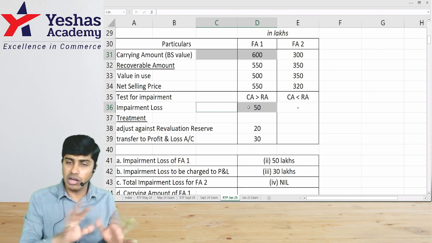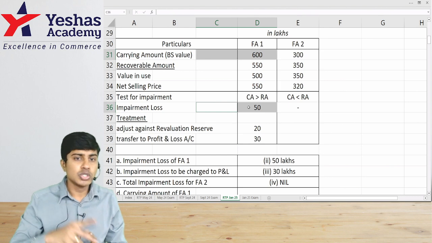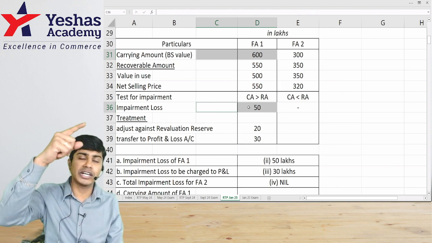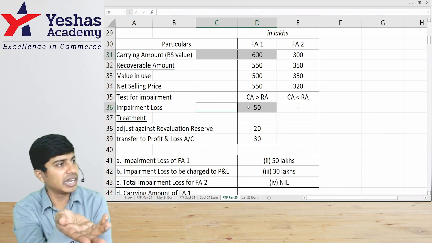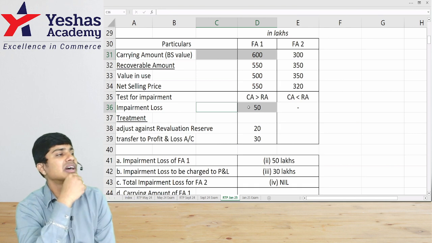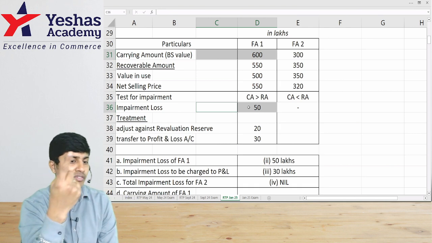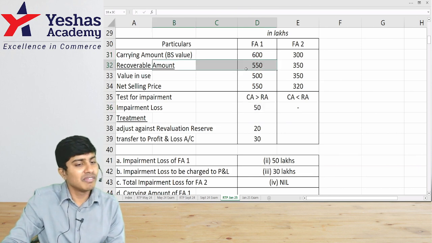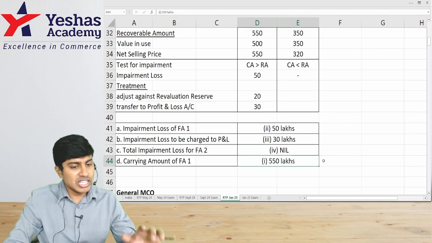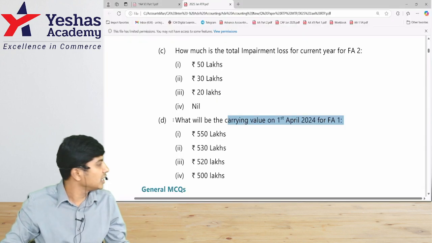Here there is no goodwill allocable on reasonable consistent basis. So entire impairment loss of 50 will be deducted from original cost of 600. Recoverable amount will become the carrying amount of FA1, which will be 600 minus 50, which is 550. This, my friends, is the answer for question D.